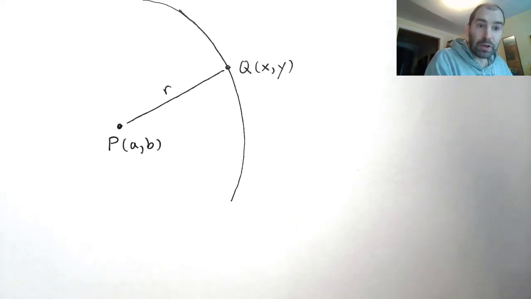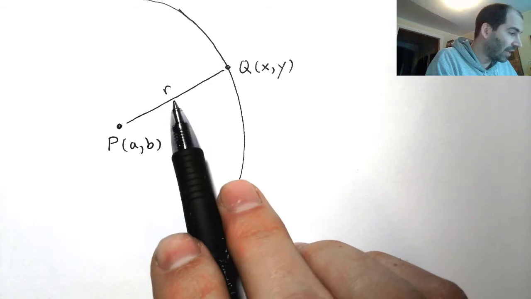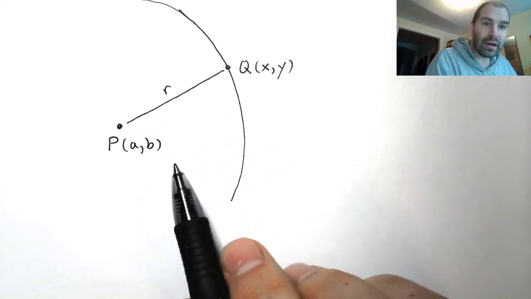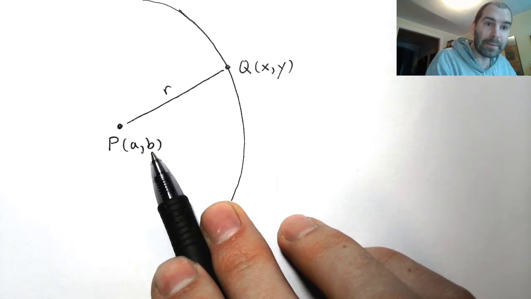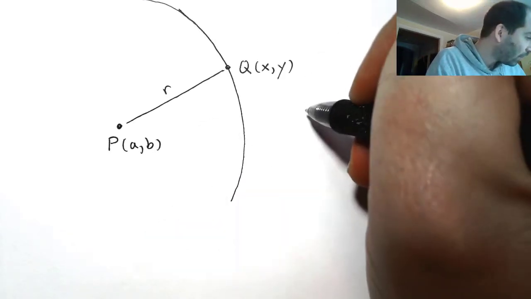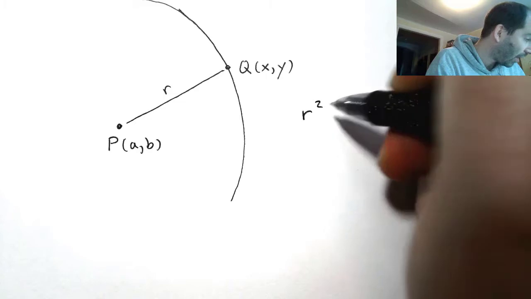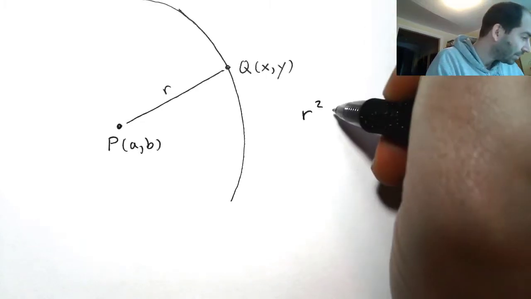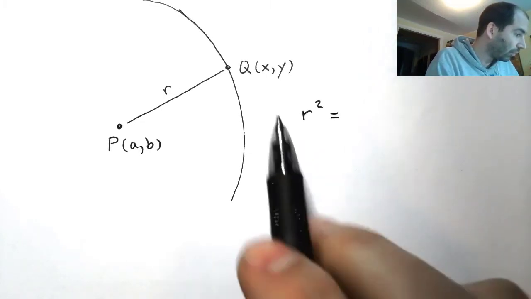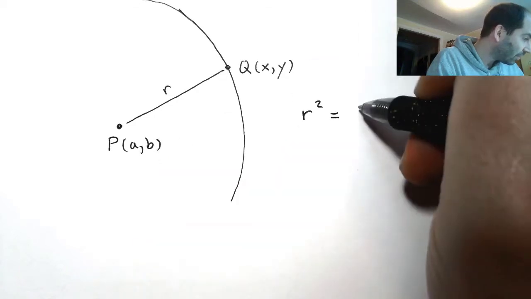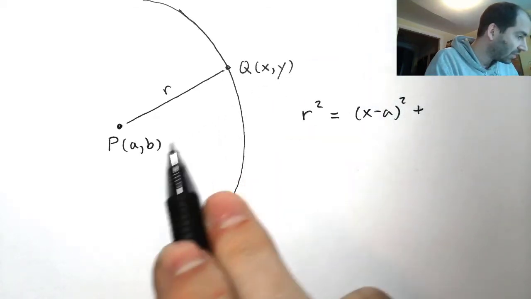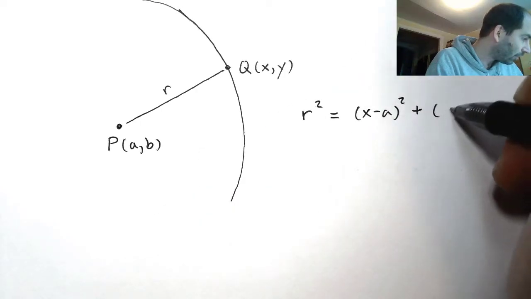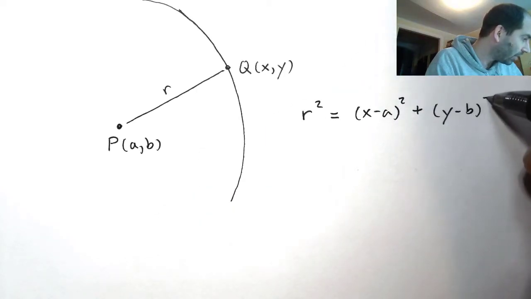Well, the distance formula that we just talked about said that the distance involved the difference of the x coordinates and the difference of the y coordinates, right? So if I want to write down an equation for R, the distance squared, the square of the radius, if we just use what we learned before, I'm going to take the difference of the x coordinates squared plus the difference between the y coordinates squared.